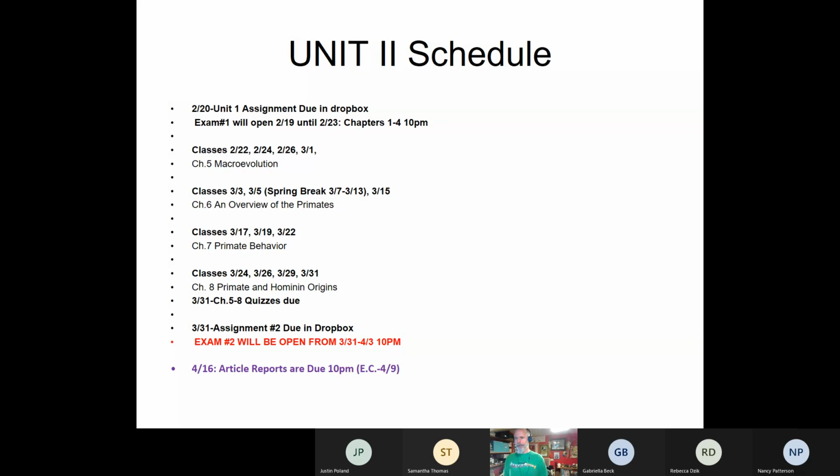So today, the exam will be open through Saturday, till the end of Saturday. So just keep that on your radar. Obviously, hopefully, you've got plans to carve out a window to take that thing. Also due at the end of today is your assignment number 2, the primate paper.